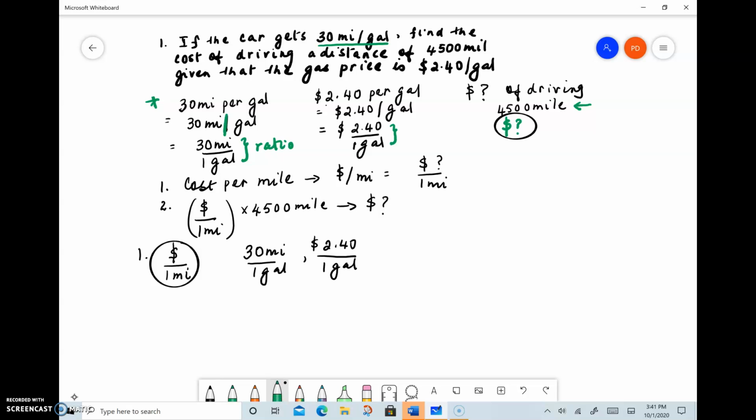And let's see how we can do that. Remember, we're using dimensional analysis, so we don't have to think much. We just need to know that the dollar amount sits in the numerator and the units of distance sits in the denominator. So let's start with $2.40 over 1 gallon. Now we need miles in the denominator.